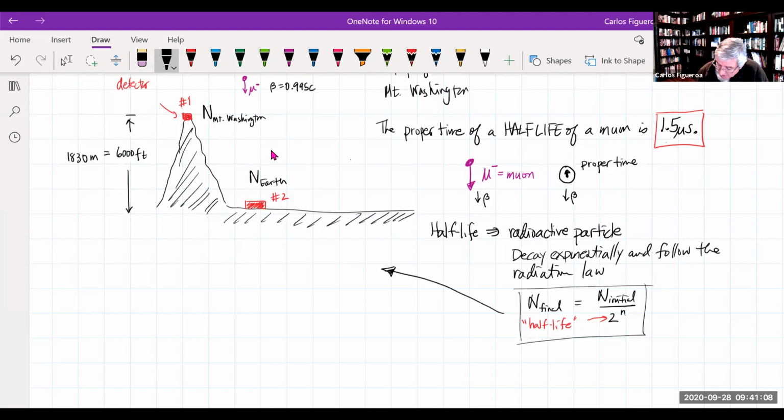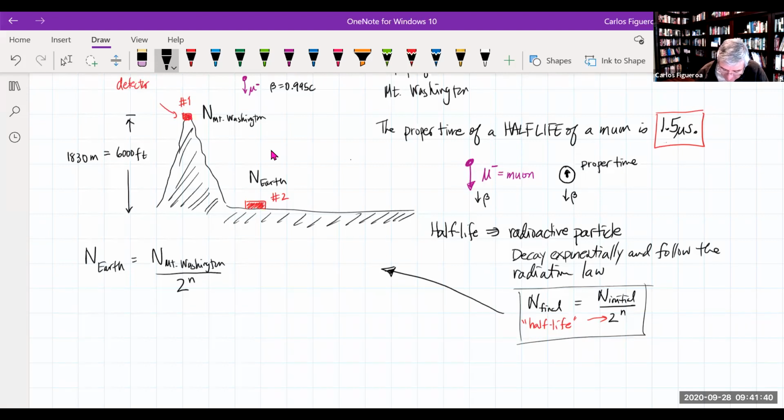So what I really got to say is that the number of particles that I'm going to detect at Earth's surface is related to the number of particles that I have at Mount Washington, at the top, of course, divided by this 2 to the n. That's what the radiation law tells us here. And I'll get to a little bit more detail of what actually happens.